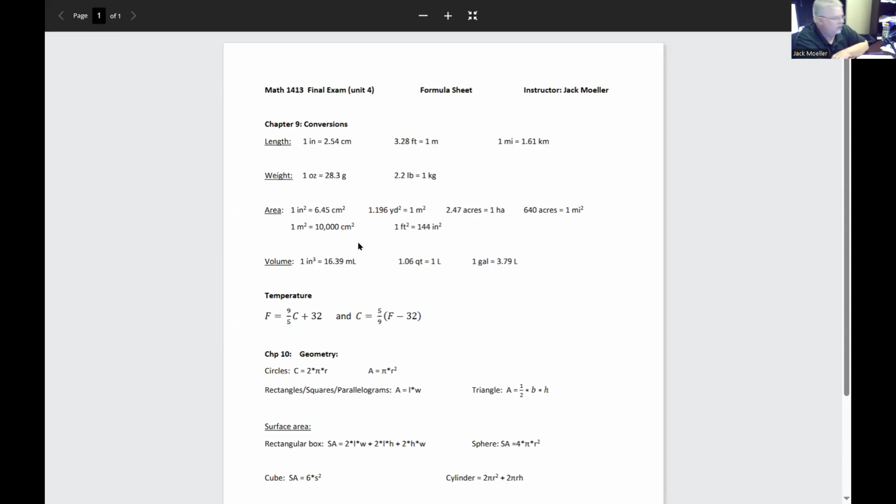On the test, I tried to pick it so that all the English to metric is on the test question, I think. But in case not, that's why you're using these. That's where I got these conversion numbers. These are the numbers that MyMathLab uses. For example, 2.2 pounds is 1 kilogram.